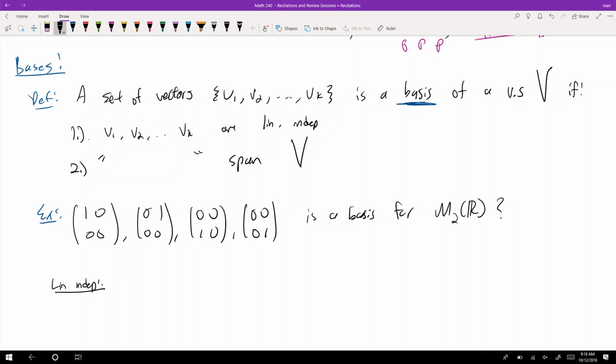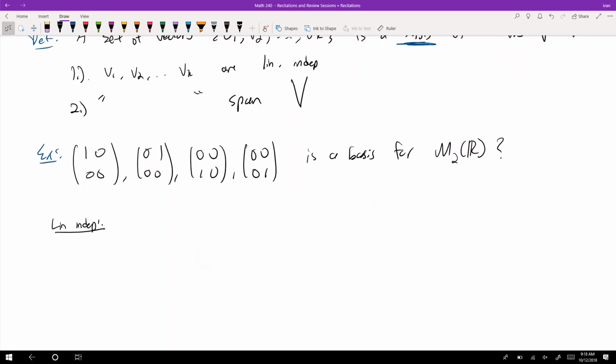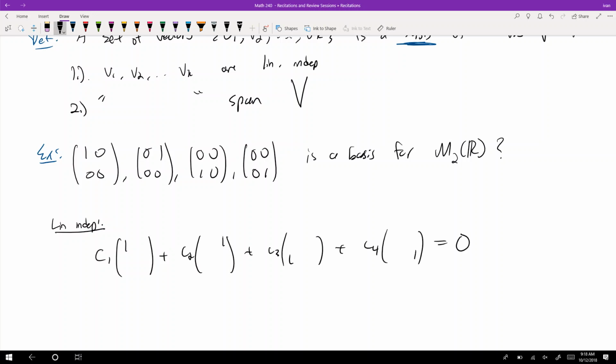All right. Now we don't have a tuple of numbers. We don't have polynomials, but we have matrices. And so what I have to do then is, well, this is still like C1 times this first matrix plus C2 times the second matrix plus C3 times the third matrix plus C4 times the fourth matrix equals 0.